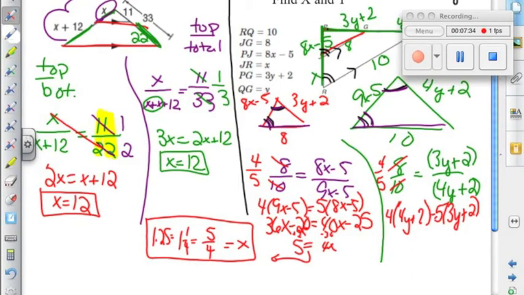Go ahead, guys. Multiplying. 16y plus 8. 15y plus 10. Move your 15, you're going to get a y. Move your 8, you're going to get 2. So remember that while you're doing your homework, that you're going to use some things from the previous lessons, and they're going to be mixed in there.